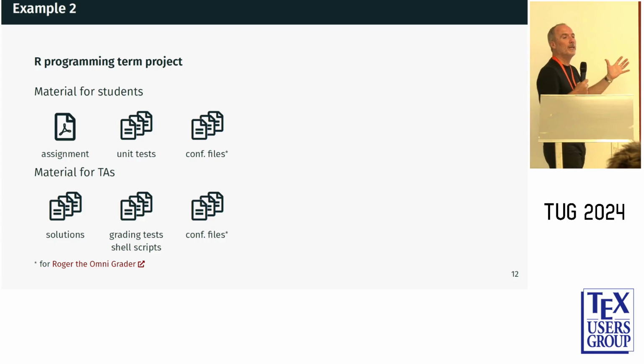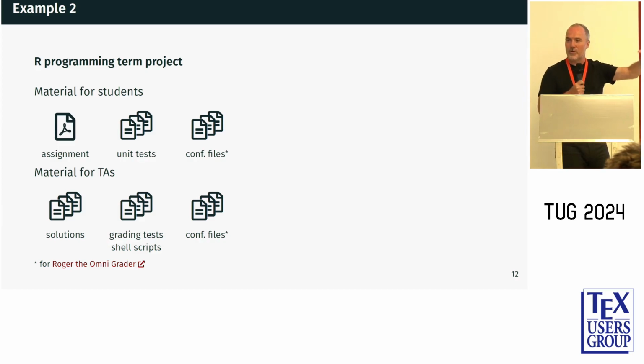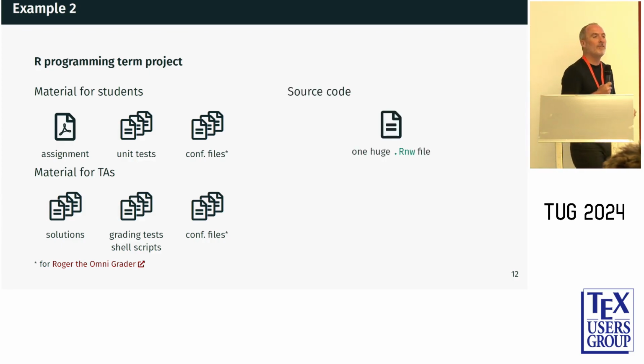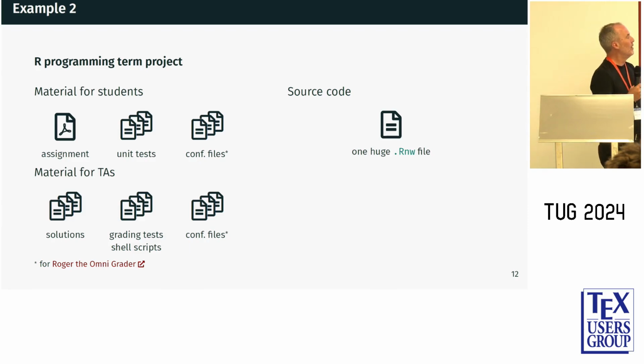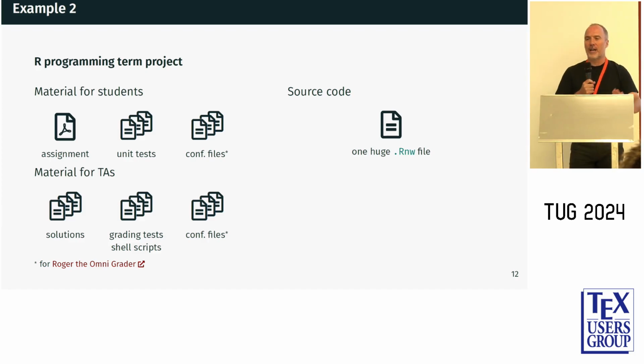Originally, it would all be in separate files, perhaps in one subdirectory of the directory for my course. With the system that I've been using for a number of years now, I can maintain everything in one single file. I say huge file. I mean, let's just tone down the scale here.